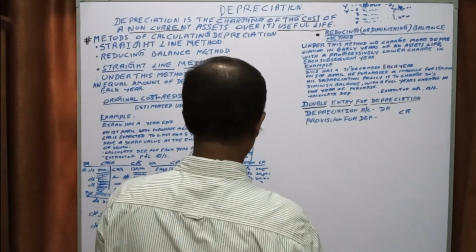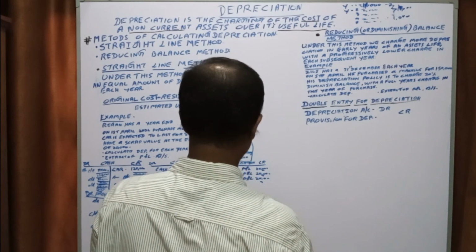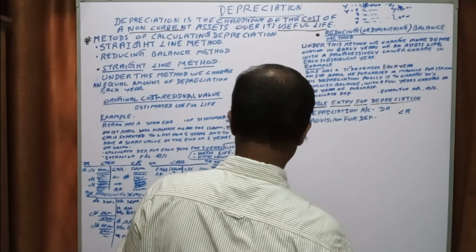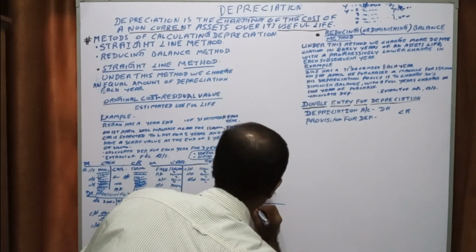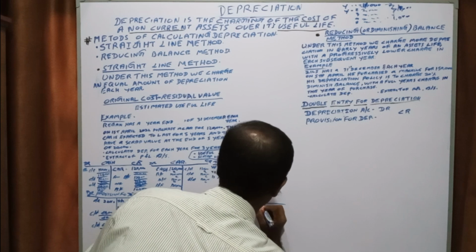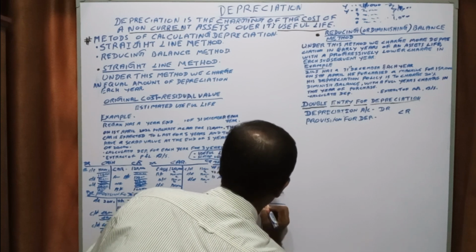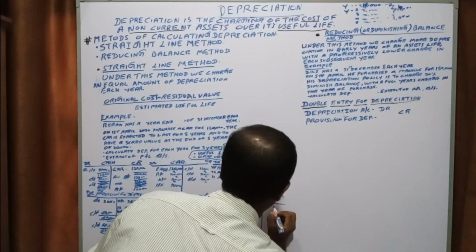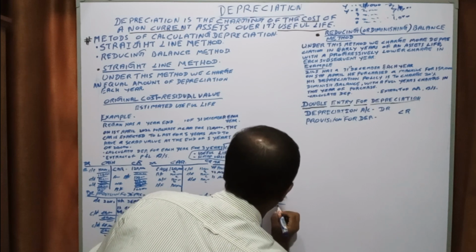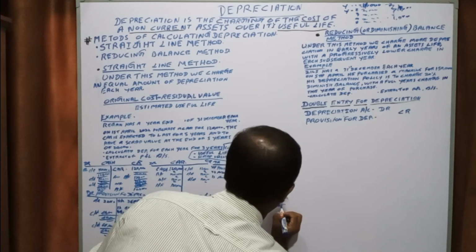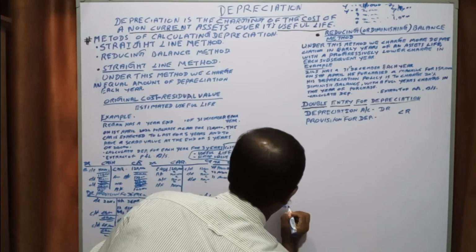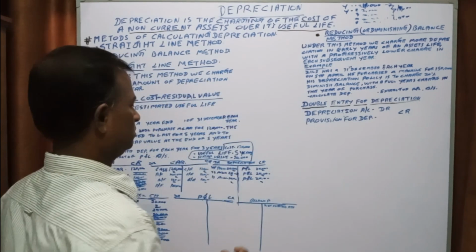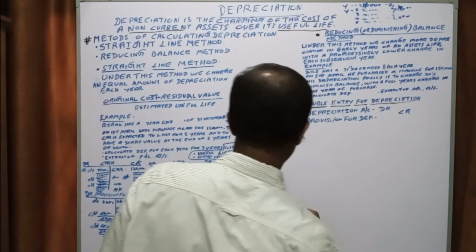And balance sheet, non-current assets, non-current assets. Okay.